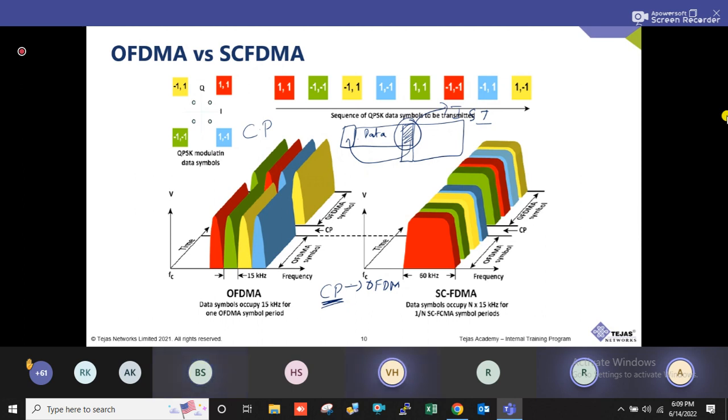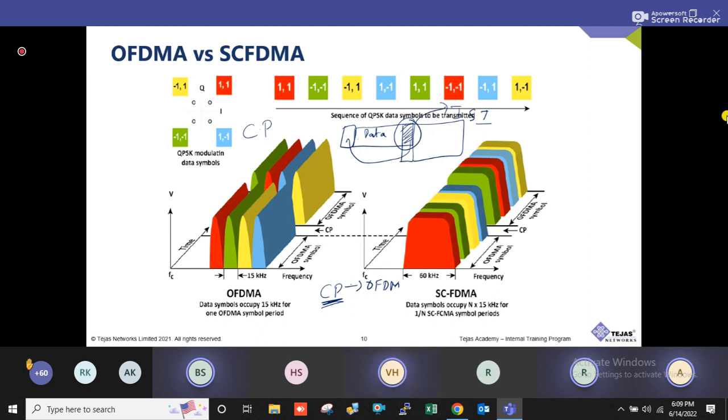TDD is talking about the duplex technology between the user and the eNodeB, whereas SC-FDMA is talking about a user's data rate upload, which is done in a single frequency or at a single channel. That means in SC-FDMA you are talking in terms of one particular time slot, and the frequency is the same, right? Correct. The frequency is a single frequency.